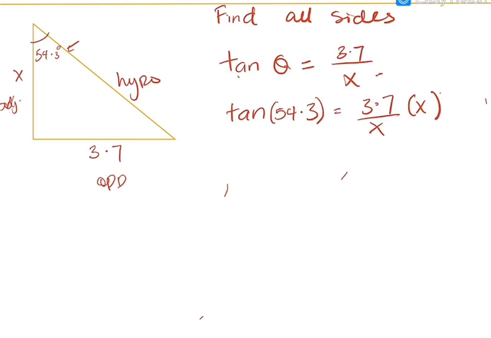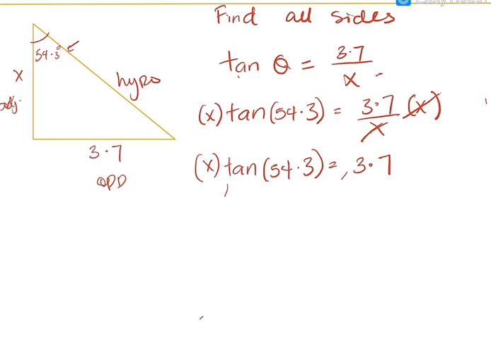We're going to multiply both sides by x. This is going to cancel out. So we're going to be left with x tan 54.3 equals 3.7. Right? Now, it doesn't look like we isolated x at all. But we're going to go ahead and divide both sides by tan 54.3.